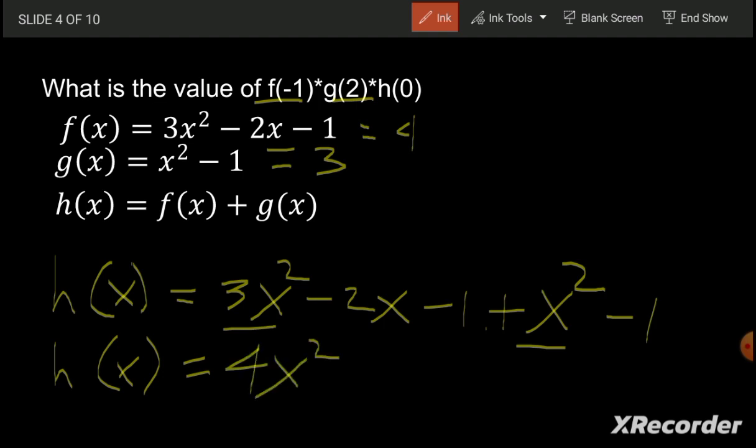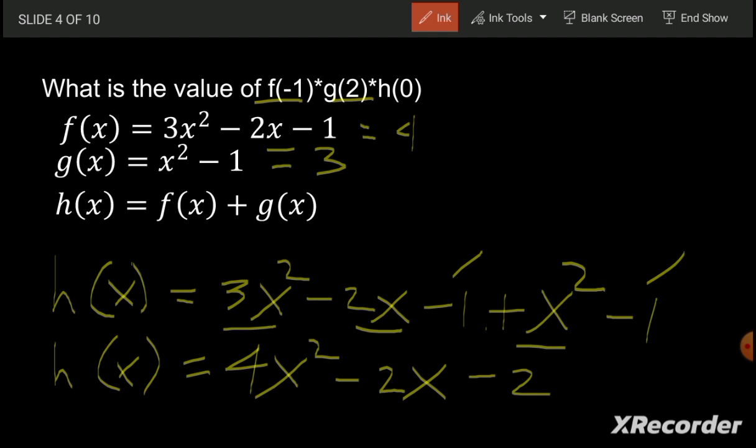Then for those terms having x, there's only one, negative 2x, so we just rewrite it, negative 2x, then negative 1 minus 1, we have negative 2.